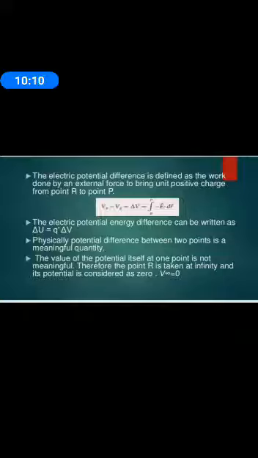Therefore, the point R is taken at infinity and the potential is considered as 0. Again, I'll repeat: the point R is taken at infinity and its potential is considered as 0. So V infinity is equal to 0.